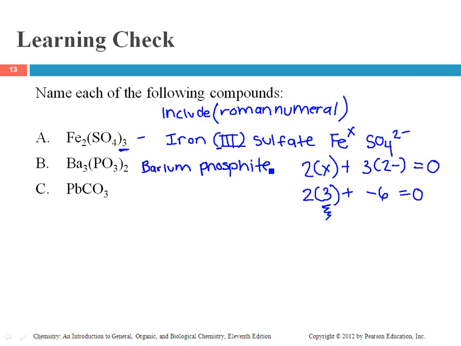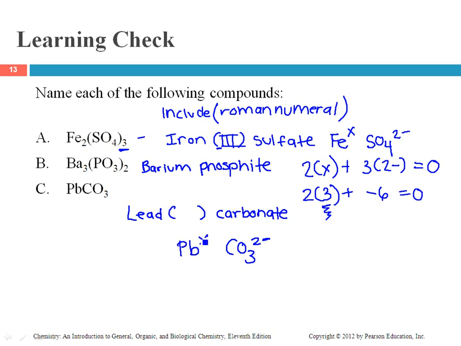Okay, for lead, this has variable charge. On our transition metals, also including tin, antimony, lead, and bismuth, we have a variable charge. So we would say we've got lead, and we don't know our charge. And if you look on your polyatomic ion list, you have carbonate. If you go down and you find it, it has a -2 charge, and for our lead, we do not know.